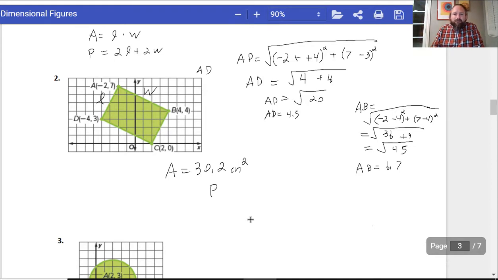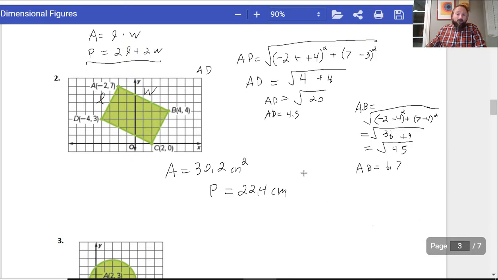So the perimeter would be 9 plus 13.4. 9 plus 13.4 would be 22.4 centimeters. How did I get that? Well, I just plugged it in. 2 times the length plus 2 times the width. And that's our perimeter.